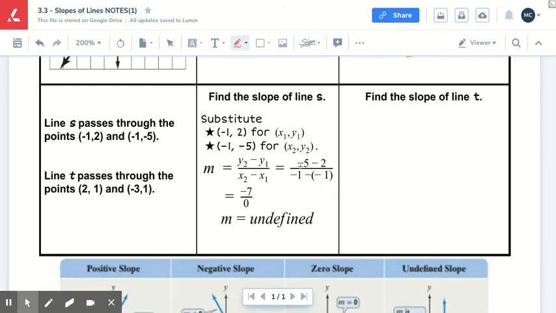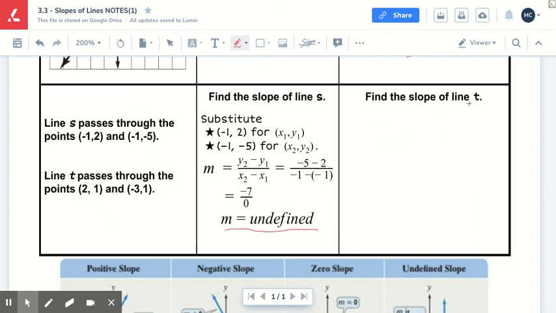So -5 minus 2 is -7. -1 minus -1 is like -1 plus 1, so that's 0. And anything divided by 0 is undefined. So this one would have what we call an undefined slope. An undefined slope is actually a vertical line. If I were to plot these two points, they would be one directly above the other.